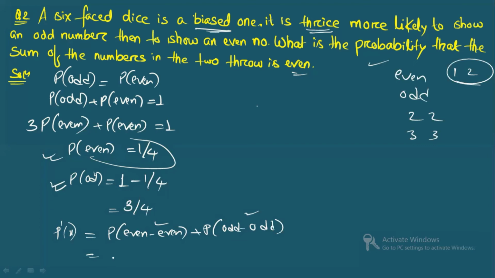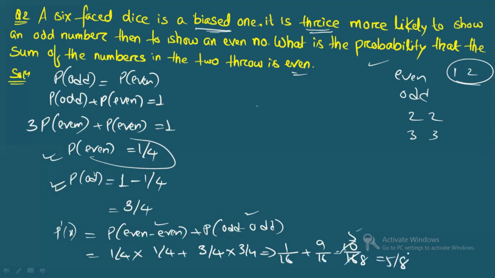So probability of even is 1 by 4, so it is 1 by 4 times 1 by 4, plus here you have 3 by 4 times 3 by 4. So ultimately you will get 1 by 16 plus 9 by 16, so it is 10 by 16. Two 5s are 10, two 8s are 16. So the probability is 5 by 8. The probability that the sum of the numbers in the two throws is even is 5 by 8. Clear? So that's it.